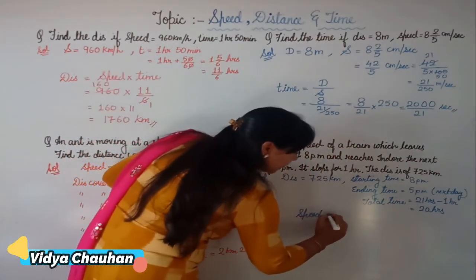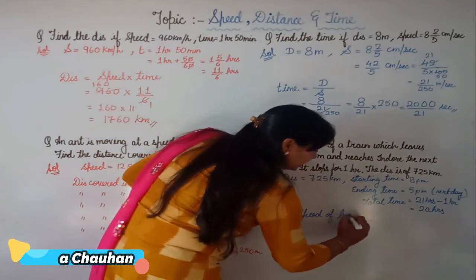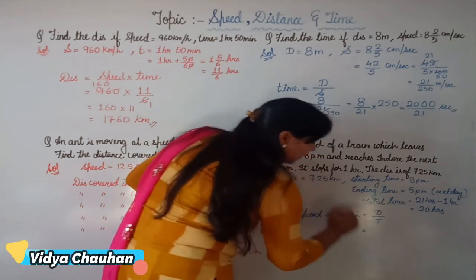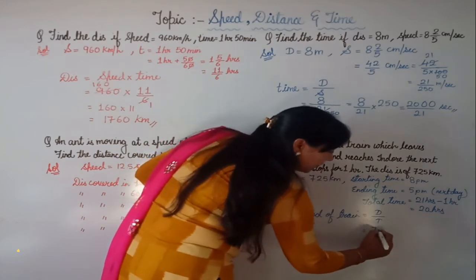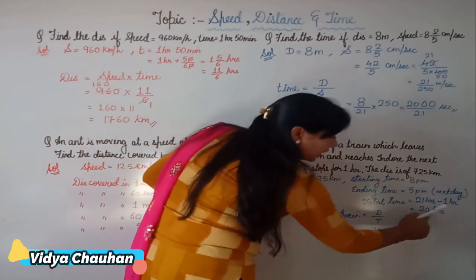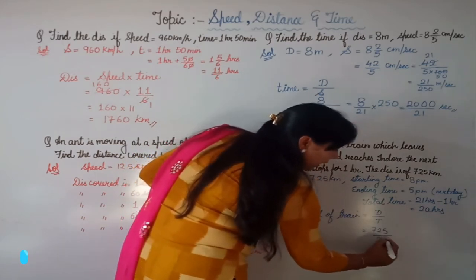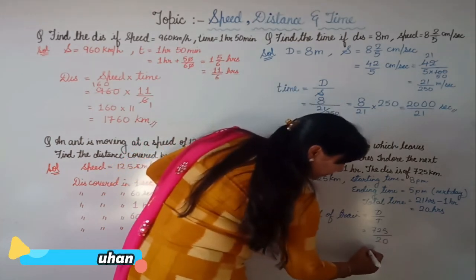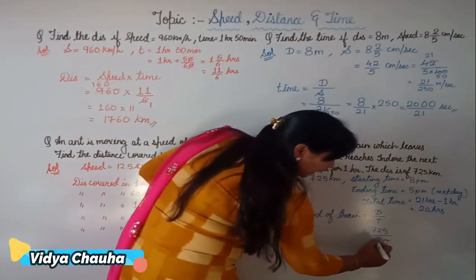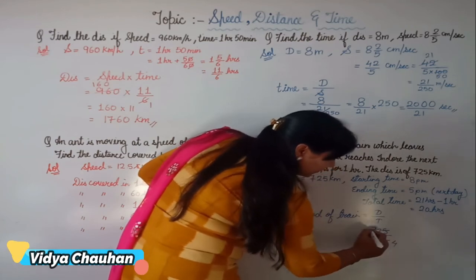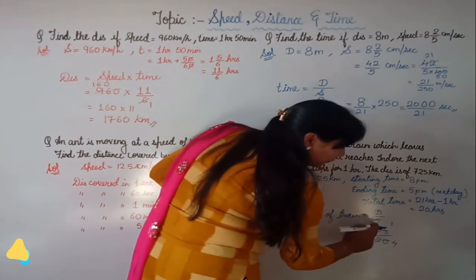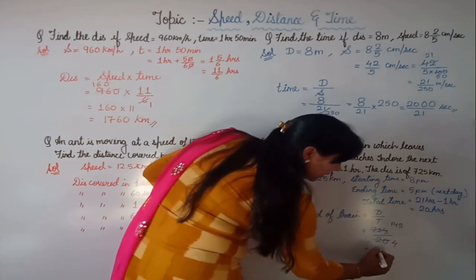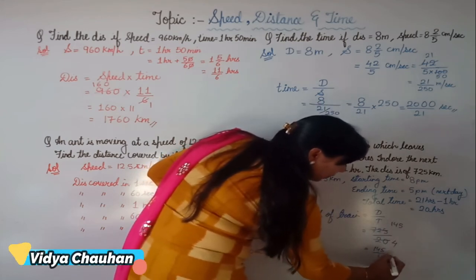Now let's find out the speed of the train. Speed of train is equal to distance upon time. How much is the distance? 725 kilometers. And how much time did it take? 20 hours. So dividing the value here by 5, 5 4s are 20, 5 1s are 5, 5 5s are 25. So the answer is 145 upon 4.